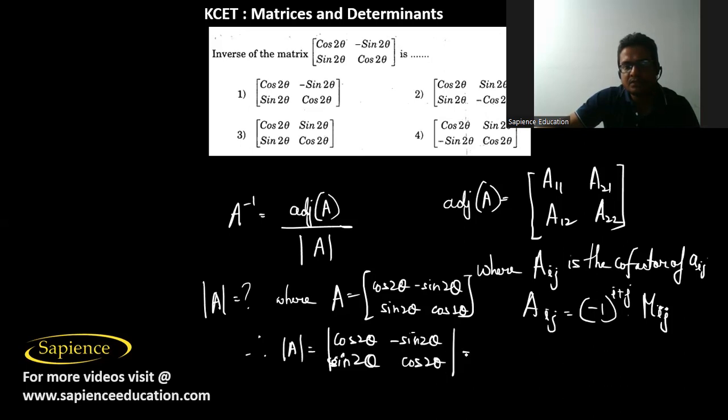Then we can do the cross multiplication. This will be cos square 2 theta plus sin square 2 theta, which is obviously equal to 1. So the determinant is 1.